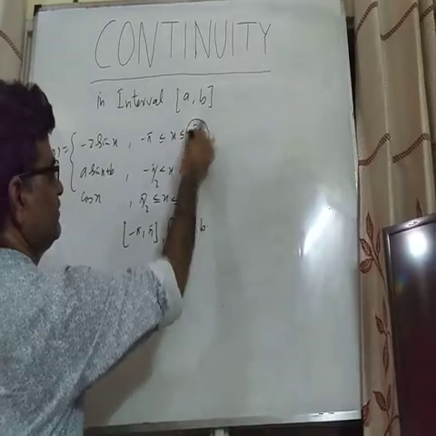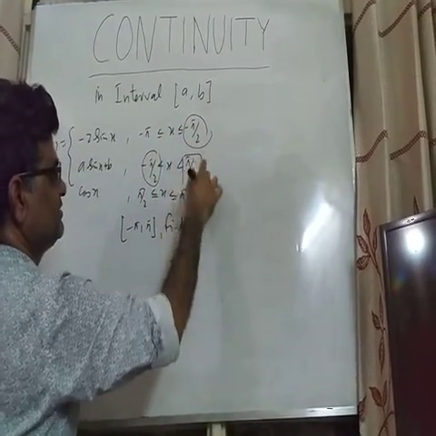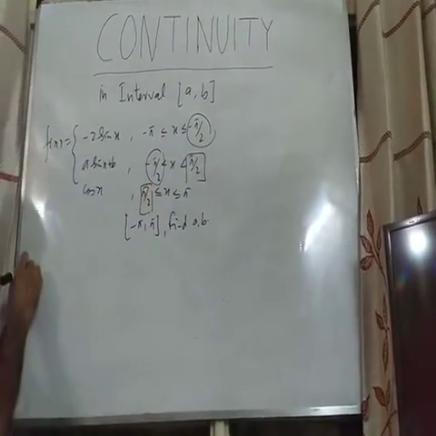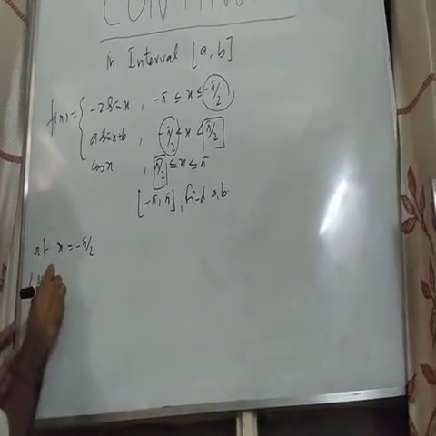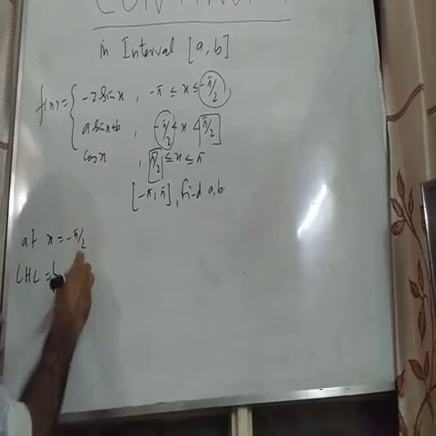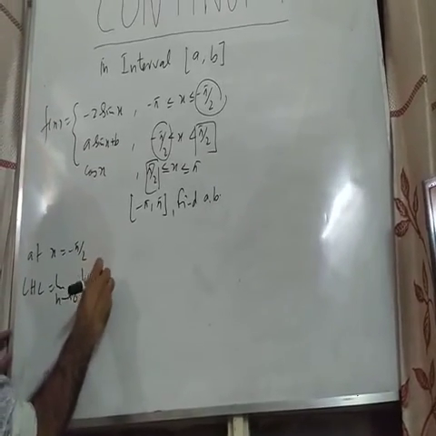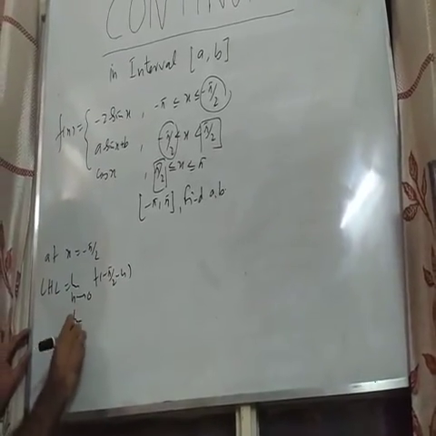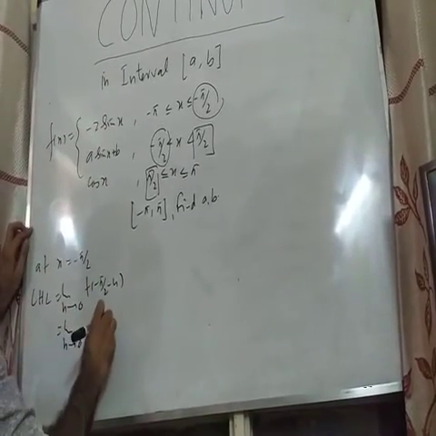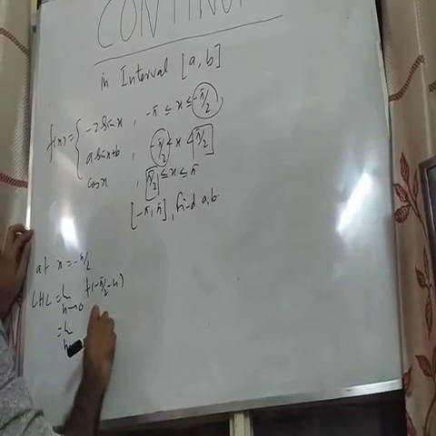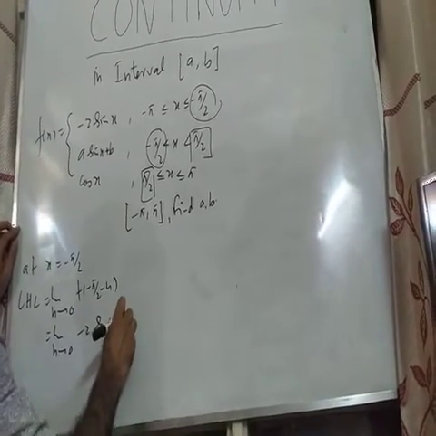So we are checking at minus pi by 2 and then we'll check for pi by 2. At x equal to minus pi by 2, we will take the left hand limit. The limit as h tends to 0 of f of minus pi by 2 minus h, we'll put it here: minus twice sine of minus pi by 2 minus h.